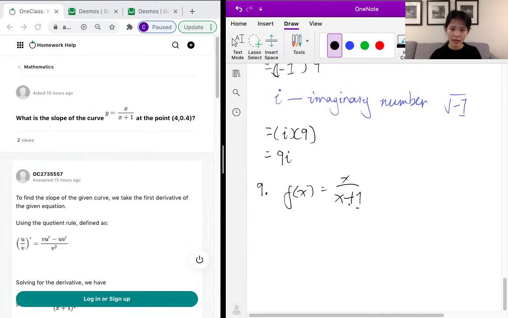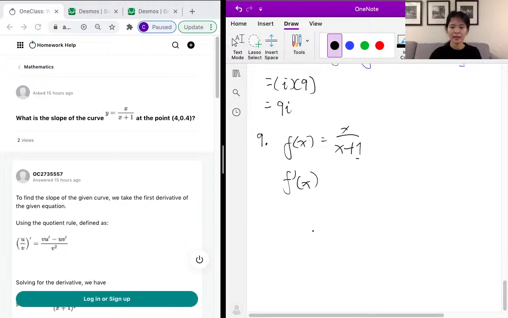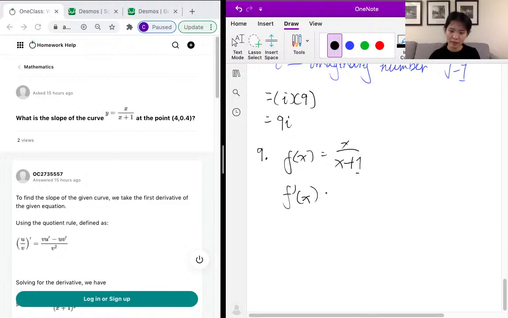And you're asking for the slope of the curve at a point. So in order to find the slope, we would differentiate our function right over here. And since our function f of x is a division of two other functions, let's just use the quotient rule.